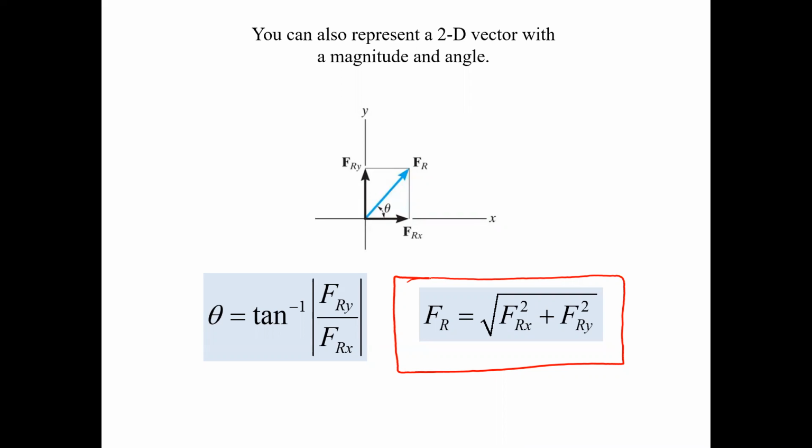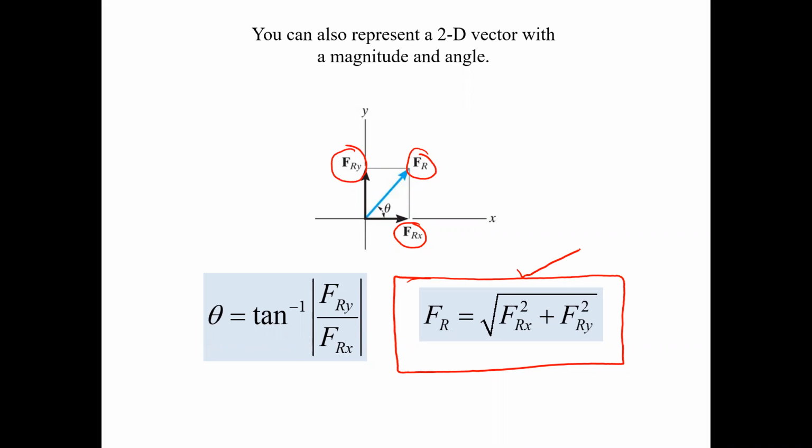Because if this is your FR, this is your FRX, this is your FRY, just use the hypotenuse rule and use this equation to find FR. And that is the resultant of all the three vectors which were shown previously, right? We had three vectors in the system, and now we have reached one vector, which is FR, the resultant of all those three vectors.